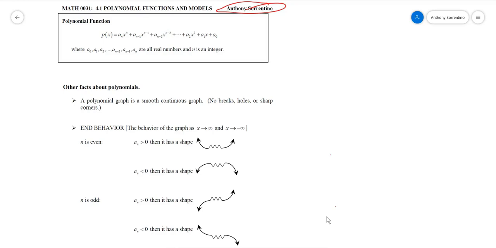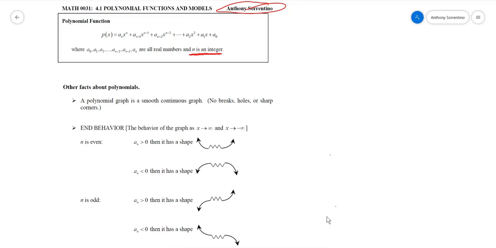But the main thing that we want to keep in mind is that our powers are all integer powers and they're all positive. So we're not going to have any negative exponents, although towards the end of this we'll start talking about rational functions. We're not going to deal with any powers that are fractions where roots would be involved.